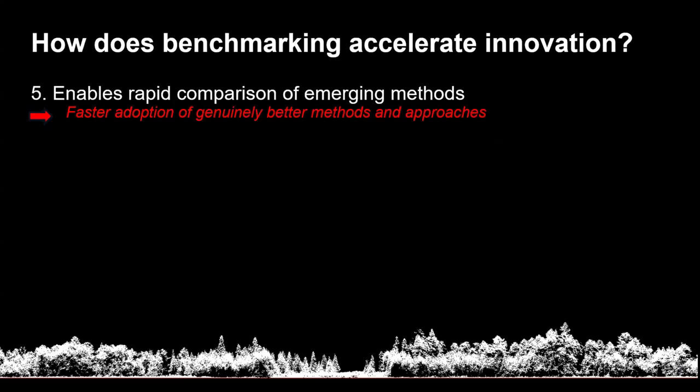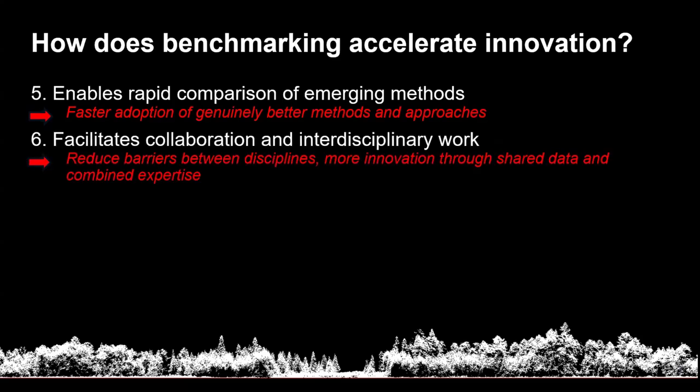based on that evidence. As I mentioned, benchmarking facilitates collaboration and interdisciplinary work, and is really critical in an innovation context because common data sets or common standards make it easier for different research groups or different disciplines or different public-private partnerships, for example, to work better together.